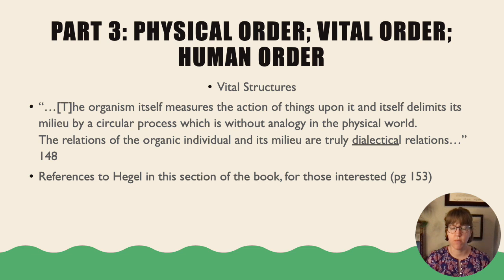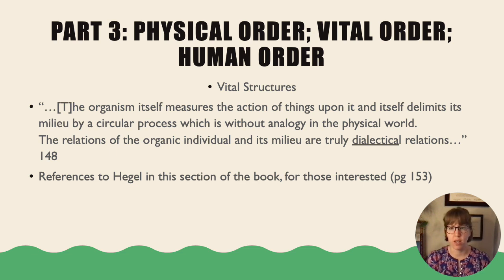So there are references to Hegel in this part of the book for those who are interested. There's another reference on page 153. There are more that we'll see in later slides. There's so much in these sections of the book. I'm not even going to cover all of the references to other thinkers that I wish I could cover. I do just want to shout them out for others to go and read it for themselves, those who know more about all of these thinkers.